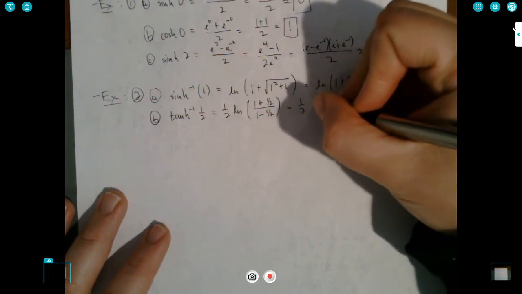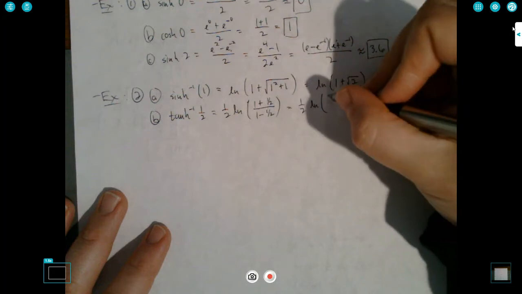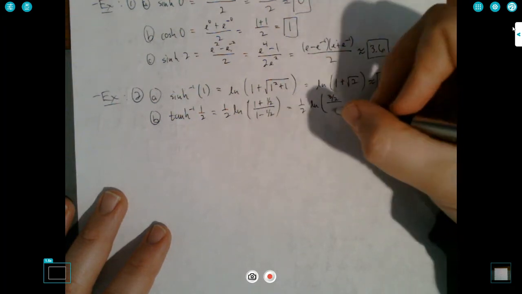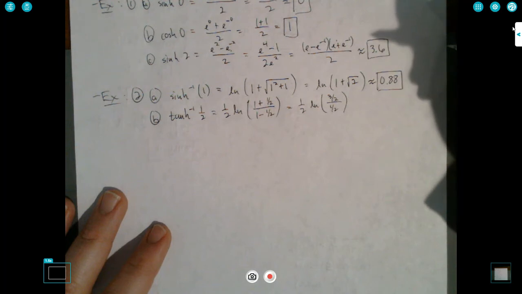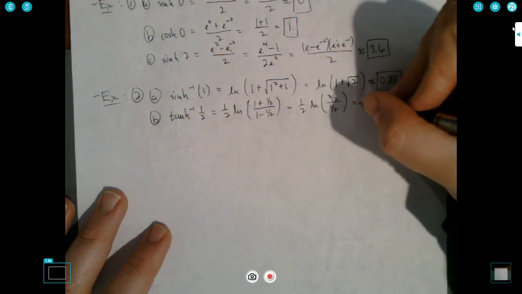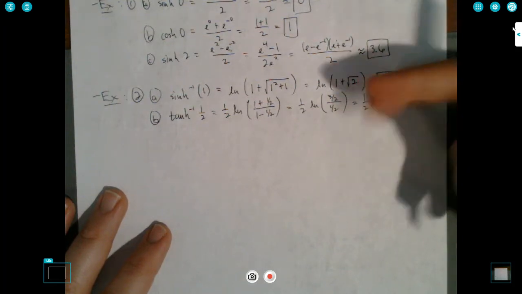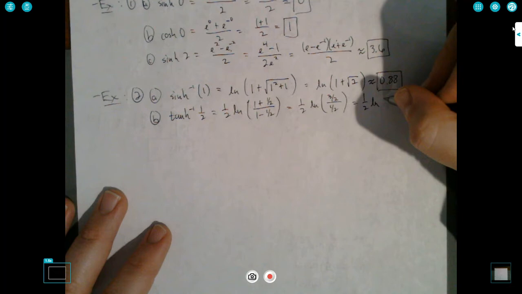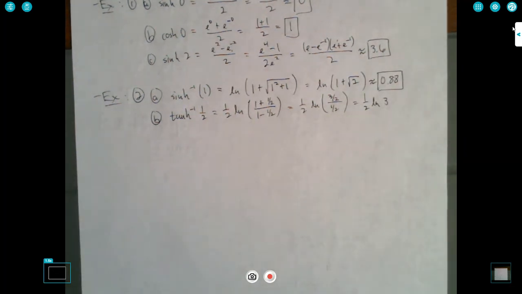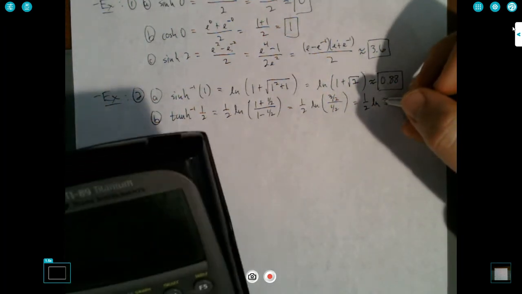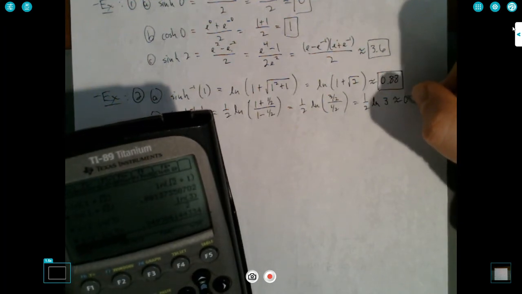So that's 1/2 times the natural log of 1 plus 1/2 is 3/2, 1 minus 1/2 is 1/2. That's 1/2 times the natural log of 3/2 times 2 would be 3. And again, that's about as good as you're going to get that. I guess you could call it natural log of the square root of 3 if you want. But anyway, 1/2 natural log 3 is 0.55 approximately.